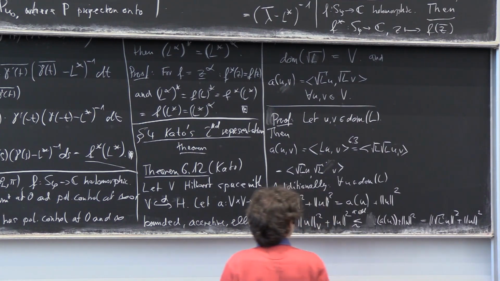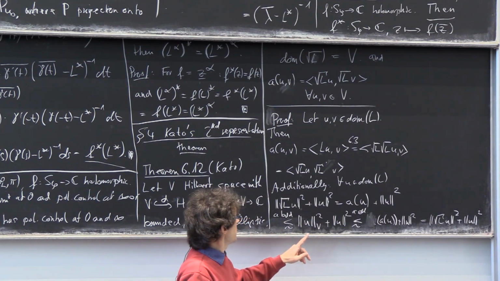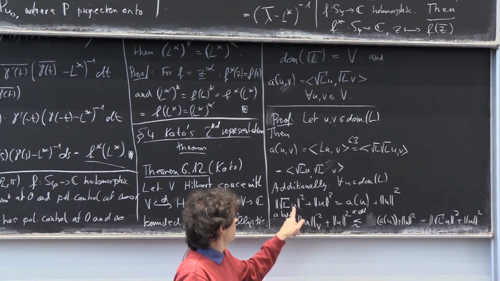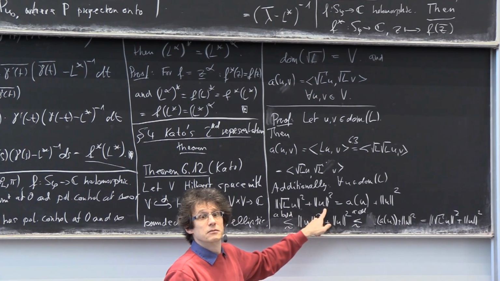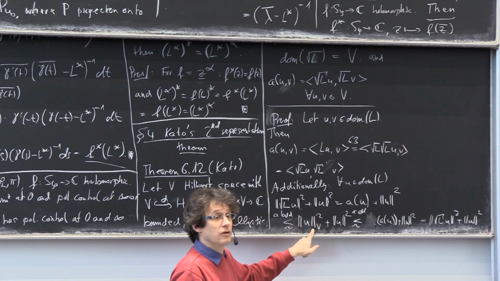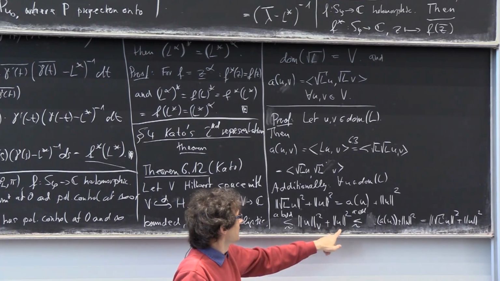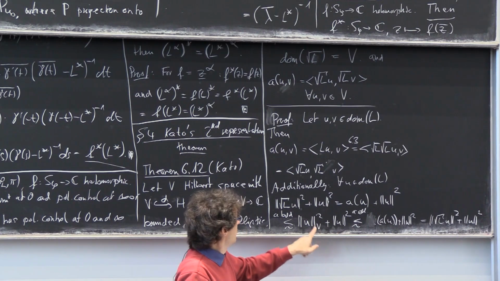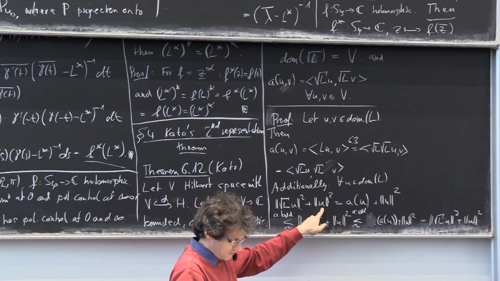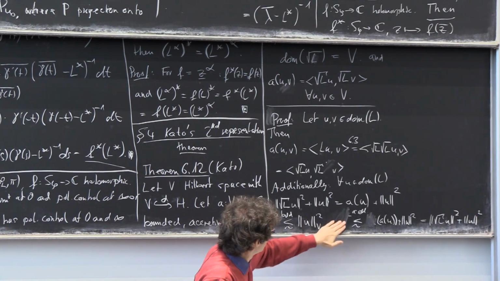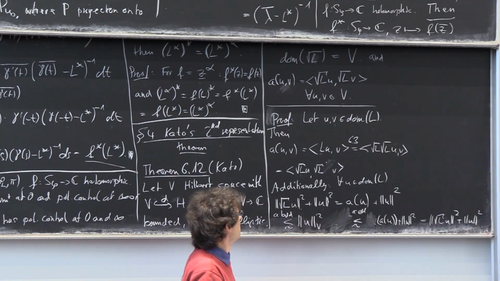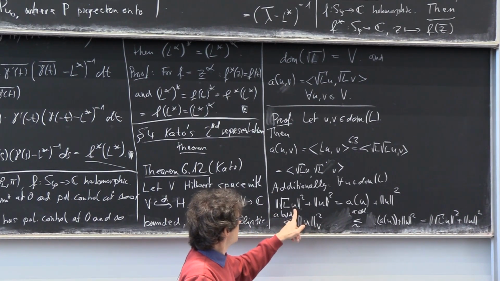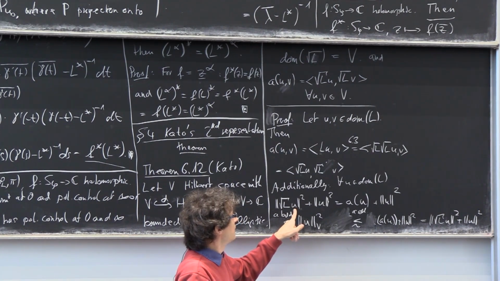What you now find is that the norm on V and the graph norm of the square root are equivalent. This is the norm on the space V, and this is the graph norm of the square root of L. So this is the right way to write it down. Now the norm of V and the graph norm of the square root of L are equivalent.